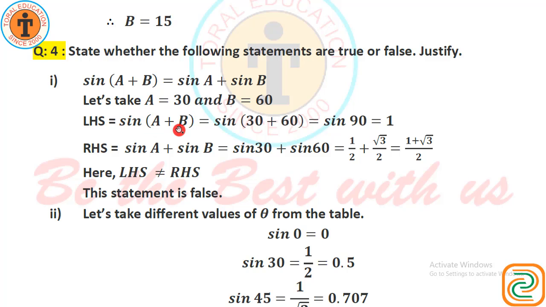Then a plus b, that is 30 plus 60, we get sin 90. Sin 90 value is 1. And on the RHS, sin a plus sin b, sin 30 plus sin 60, 1 upon 2 plus root 3 by 2, values from the table. So we got (1 plus root 3) by 2. These both values are not equal, therefore LHS is not equal to RHS, and here it is false.